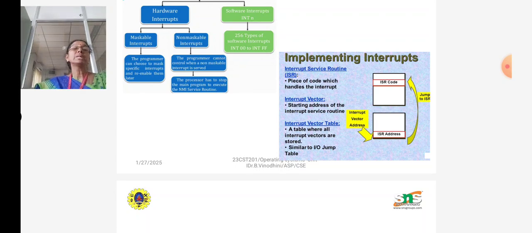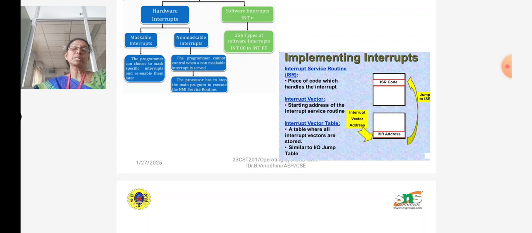The interrupt vector is the starting address of the interrupt service routine. The interrupt vector table is the table where all the interrupt vectors are stored, similar to the I/O table. This is how interrupts are implemented.